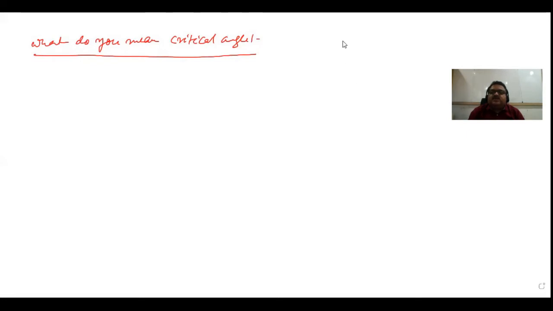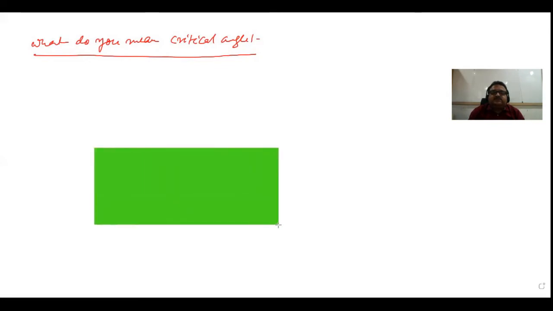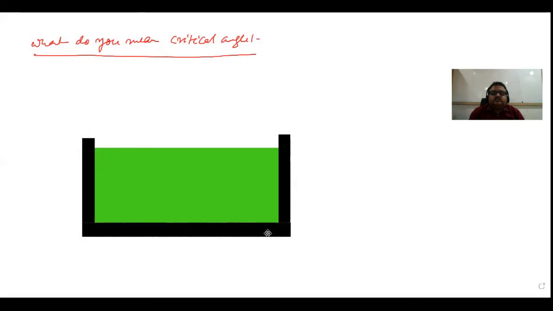Let me draw a color for the medium so it looks more bright for you, and let's give it some border. Now watch this very carefully.